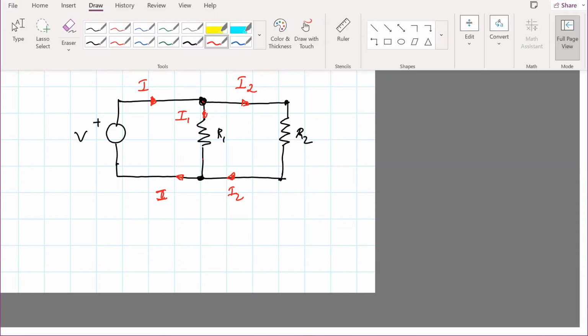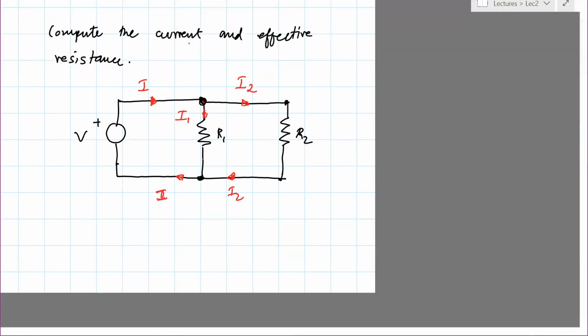So now let's analyze this circuit. We use KVL and KCL. KVL says the summation of voltage is 0. We have two loops here. This is one loop. Sorry, there are three loops.